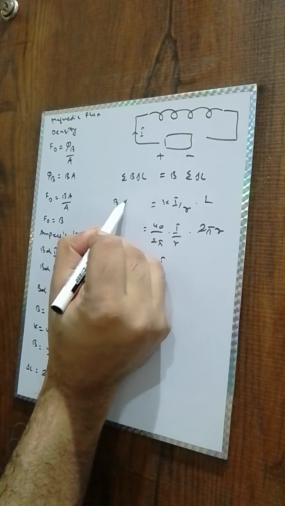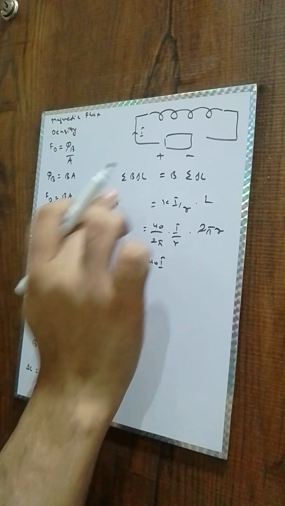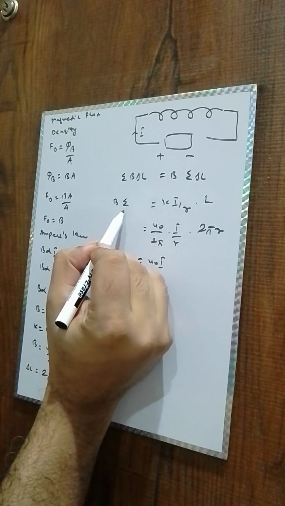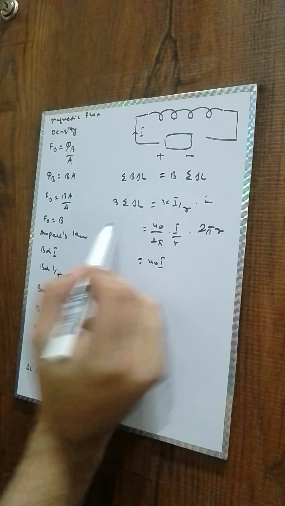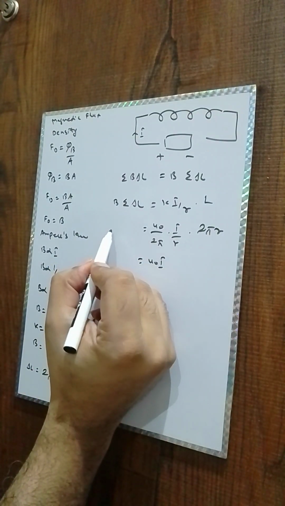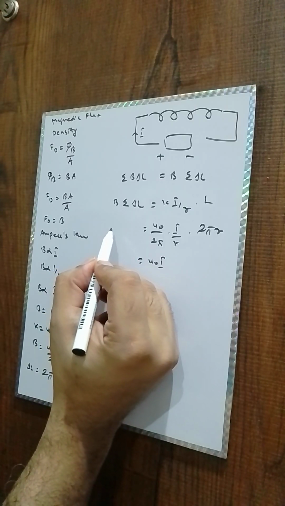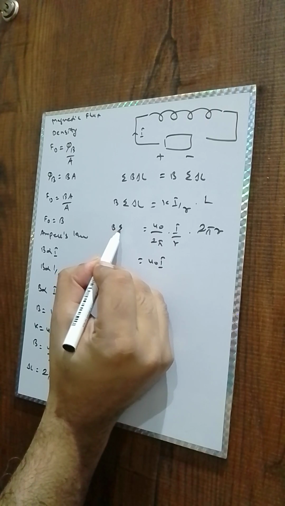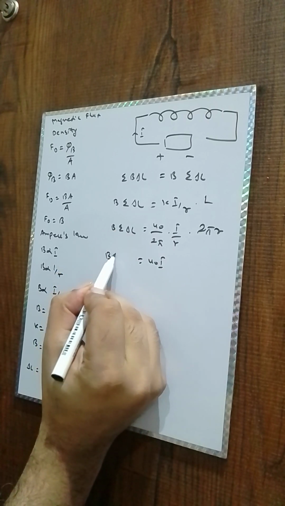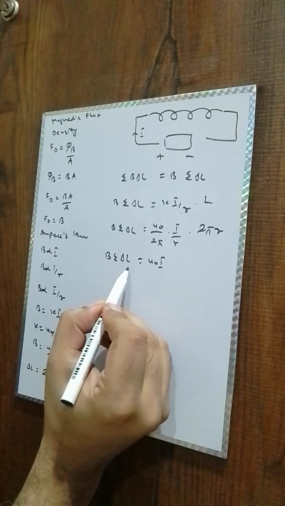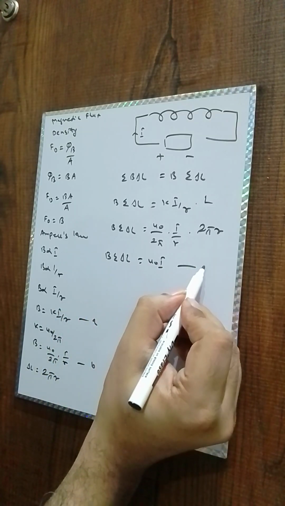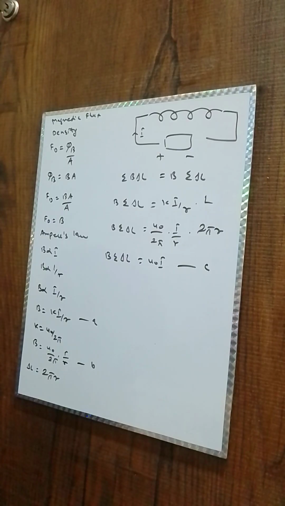So B summation delta L is equal to mu naught I. So this becomes the form of Ampere's law in magnetism.